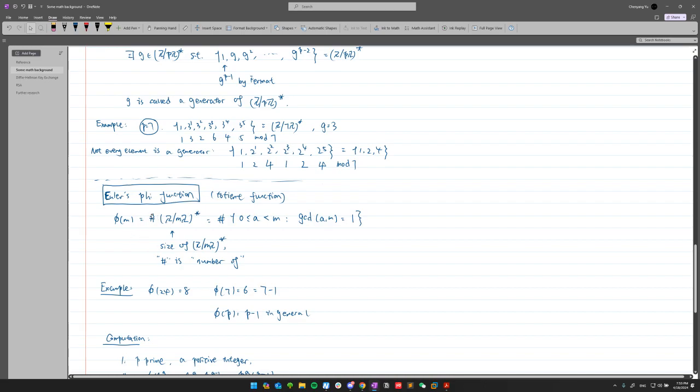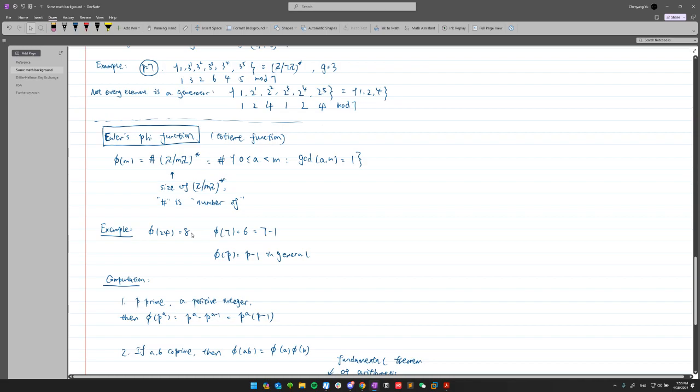So the number of elements in this unit group is equal to, they are the same, right? Just the number in this set. The set contains all the elements that are coprime to n, right?